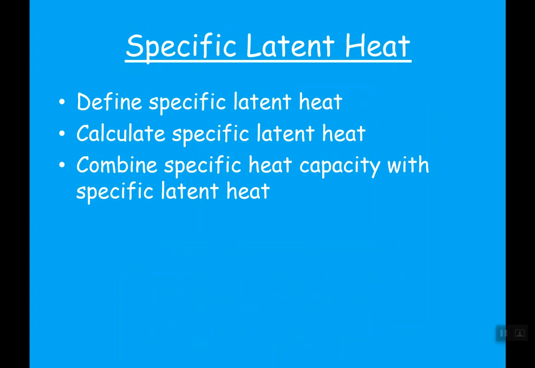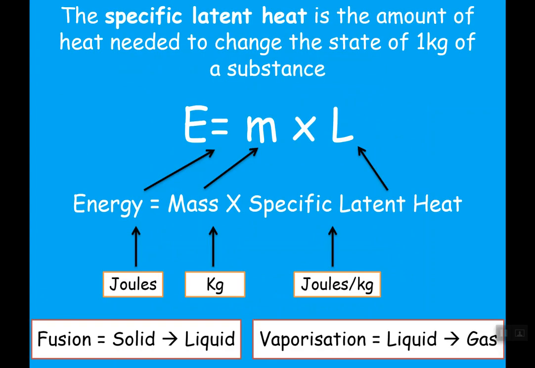So let's look at calculating specific latent heat. Here is the equation. This equation you do not need to remember. It is given to you in the formula book. So latent heat is the amount of energy required to change the state of a kilogram of a substance. Remember, there is the specific latent heat of fusion, which could be solid to liquid or liquid to solid, and the specific latent heat of vaporization, which is liquid to gas or vice versa.